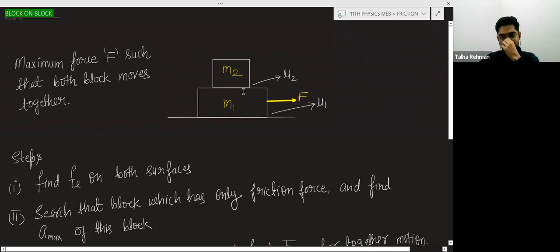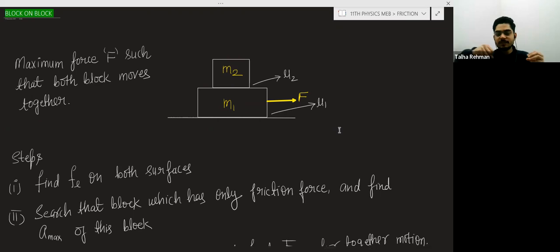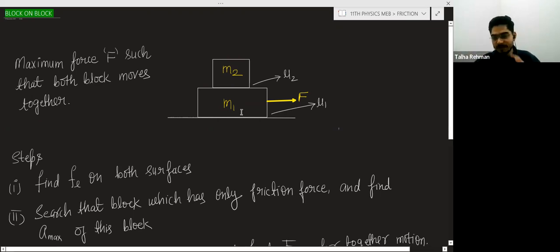Suppose you are applying a very large force on the mass m1. Then what will happen when you just apply the force? This m1 will move, and there will be only m1 motion. m2 will also be moved, but if you are on m2, then it will remain at rest. But with respect to m1, m2 will also move at that time.